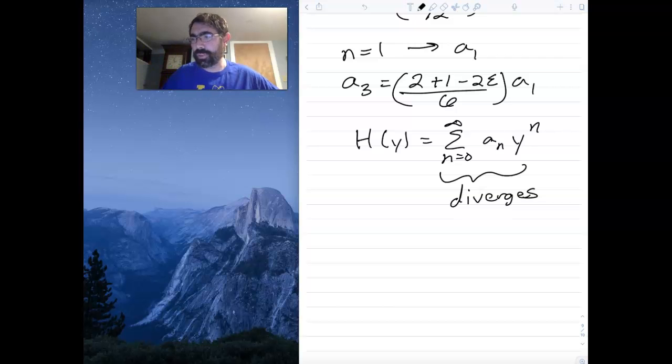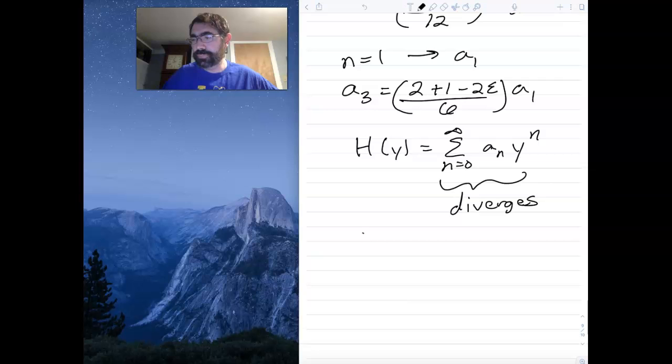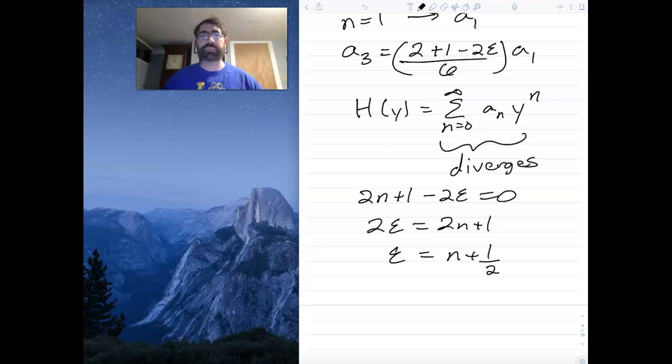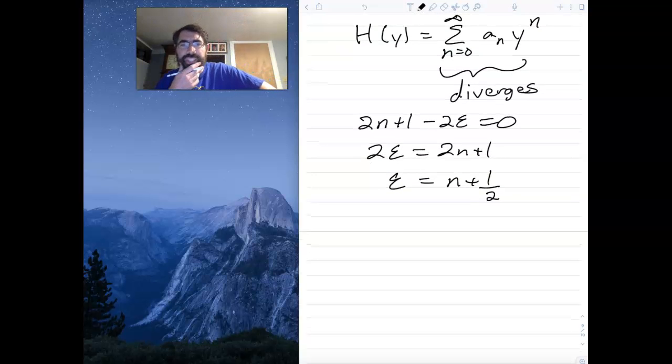So to stop the divergence, I have to have 2n plus 1 minus 2 epsilon equal to 0. Or if I rearrange this, I have 2 epsilon is equal to 2n plus 1, where epsilon is equal to n plus 1/2. So that's interesting because my dimensionless energy is now n plus 1/2.